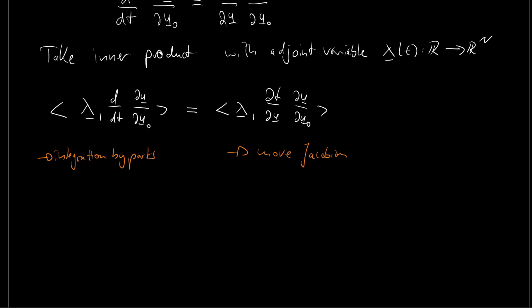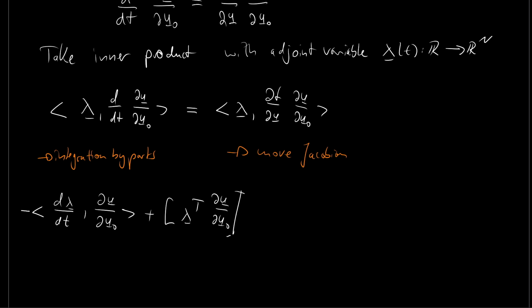From the integration by parts, we will get minus the inner product of the time derivative of the adjoint variable. So we move the time derivative, and the adjoint variable is now standing alone in the right entry of this inner product. But we will get a boundary or limit evaluation of lambda transpose du by du0, evaluated, sorry, these are not the nicest brackets, at t equals 0 and capital T.